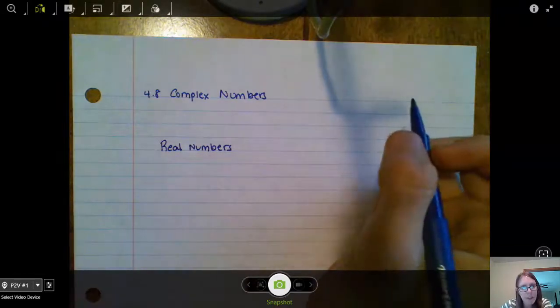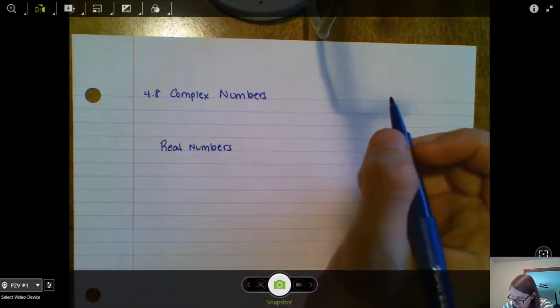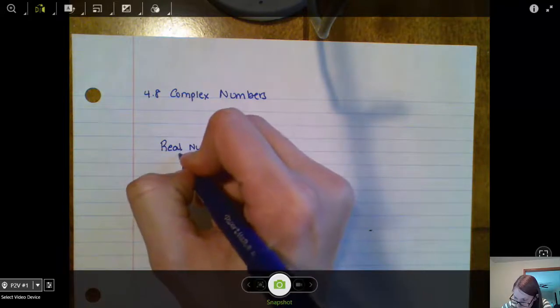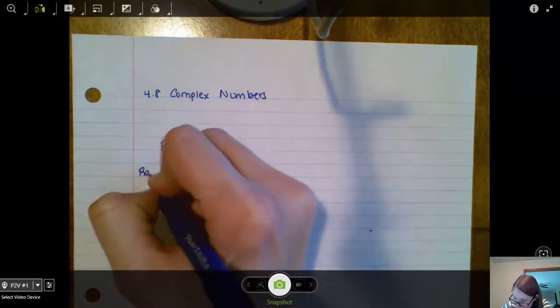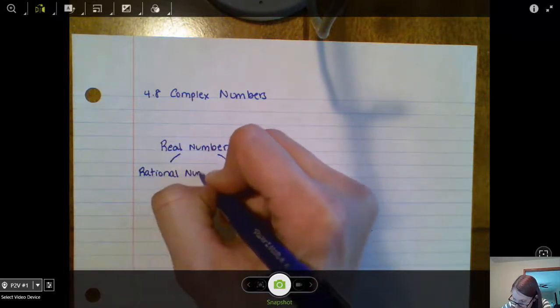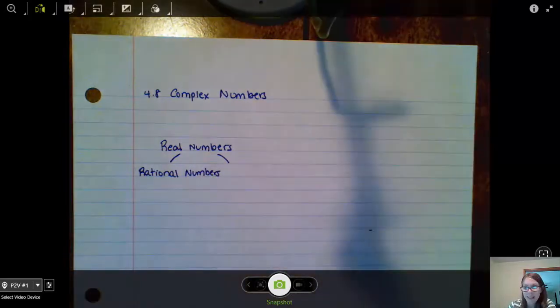So all of the numbers that we have heard before are in the category of real numbers. And really, these real numbers just have some kind of real applicable meaning. And underneath real numbers are kind of divided into two categories. There are rational numbers, which are numbers that can be written as a fraction.